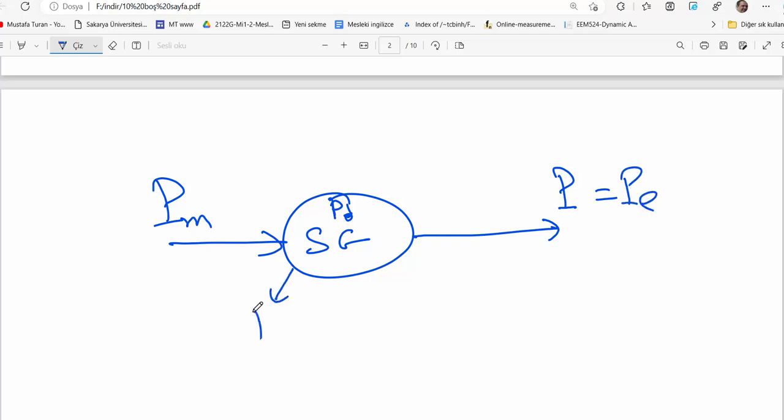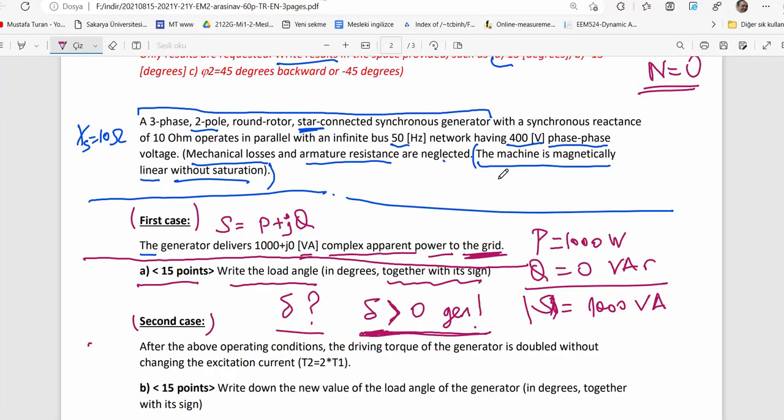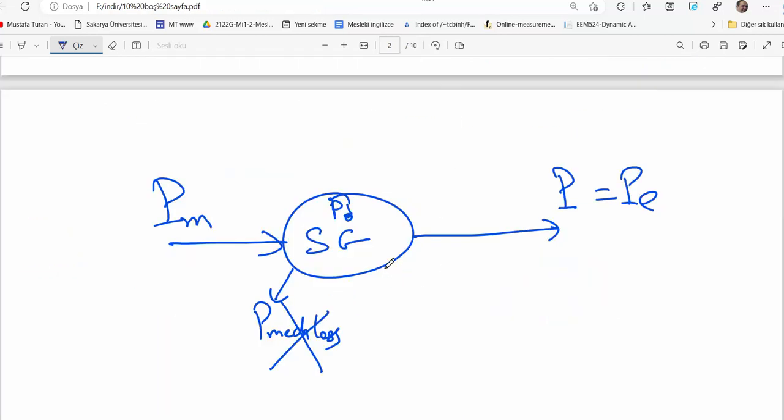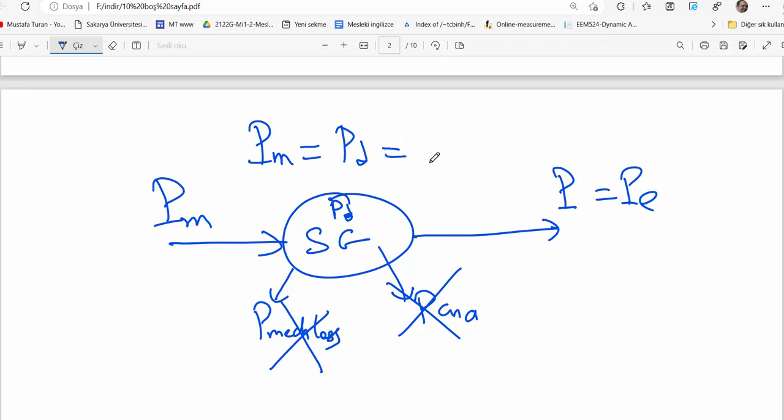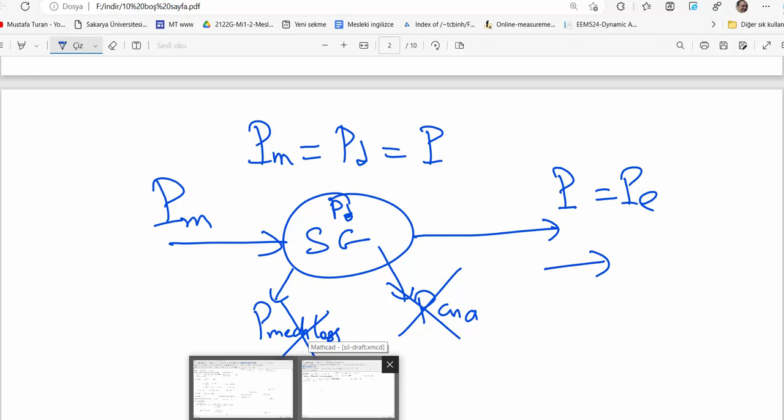Here would be some mechanical losses which is omitted here. There is no mechanical losses and armature resistance. So here would be copper loss in armature, but it is also neglected. That means mechanical input power is equal to converted power or induced power inside the armature, and it is equal to delivered power to the infinite bus.